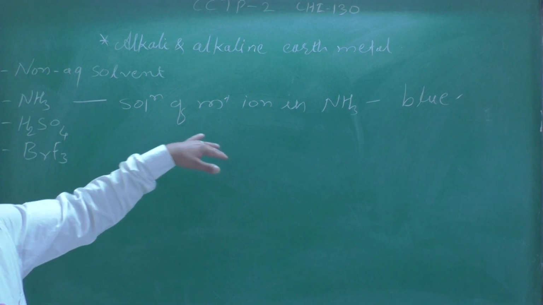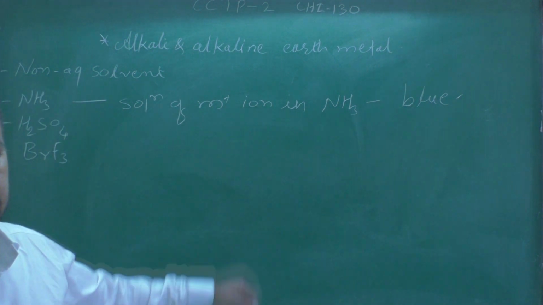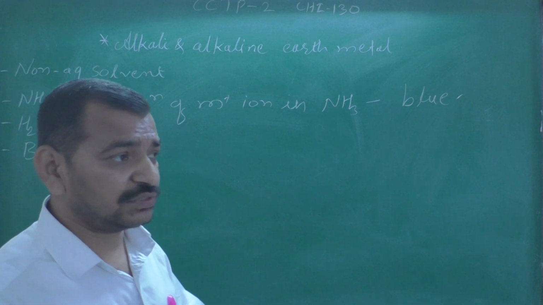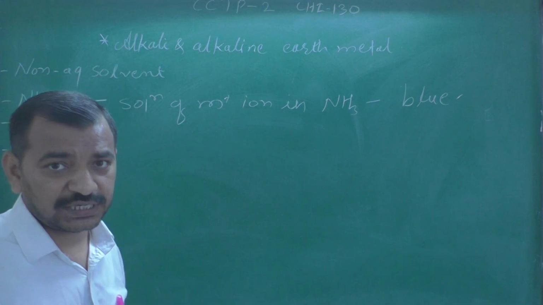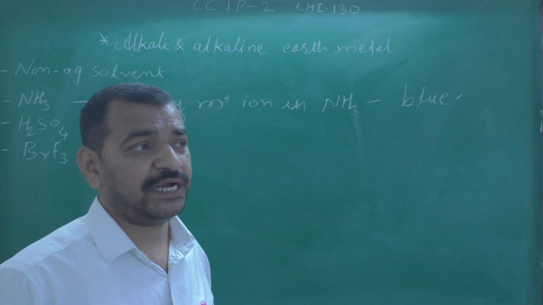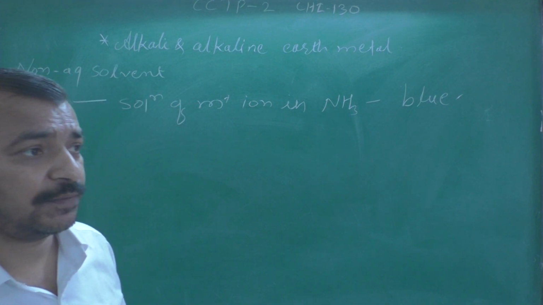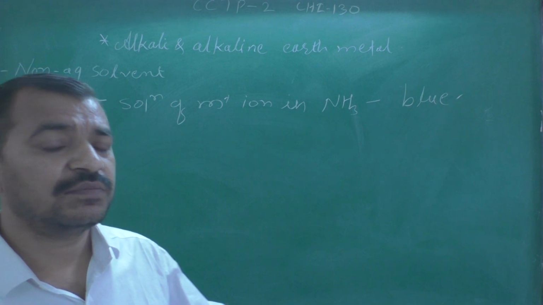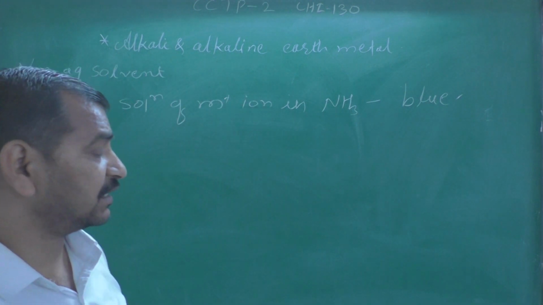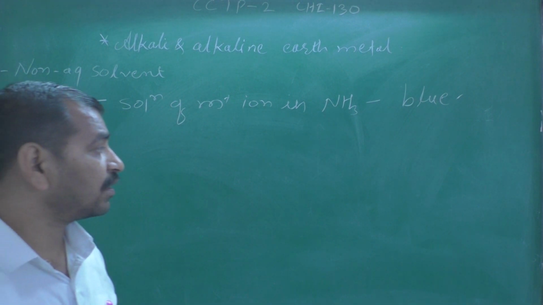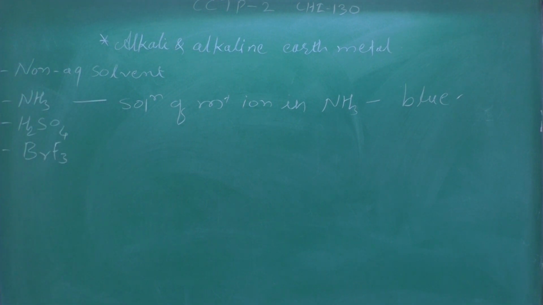If we add an excess amount of metal, an excess number of electrons forms, and these electrons combine with hydrogen and form a bronze color, and then the color disappears, meaning hydrogen gas H2 is formed. The electrons are utilized for formation of hydrogen gas.